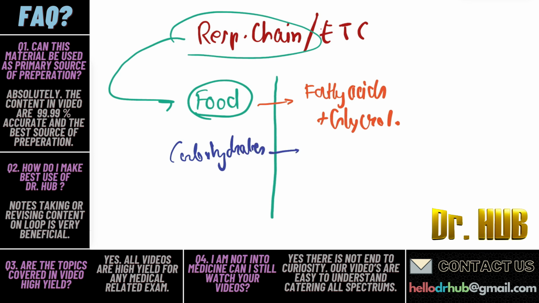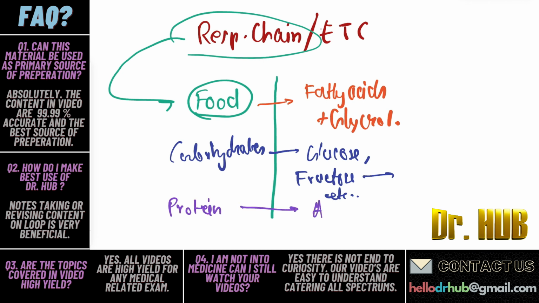The carbohydrates move down as glucose and fructose, and this enters. Next is the presence of protein. They go down as the amino acids, and all this is a part of the digestion as well as the absorption. So we are seeing fatty acids, glycerol, glucose, fructose, and amino acids.